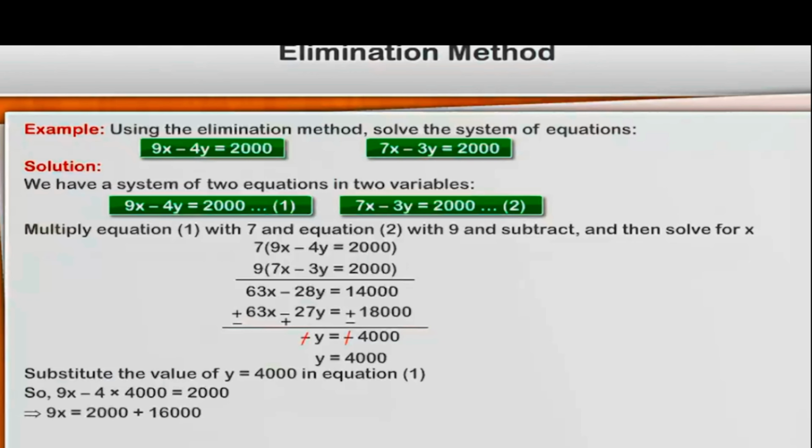This implies 9x is equal to 2000 plus 16,000, which implies 9x is equal to 18,000. Dividing throughout by 9, we get x is equal to 2000. So the solution of the equations is x equal to 2000 and y equal to 4000.